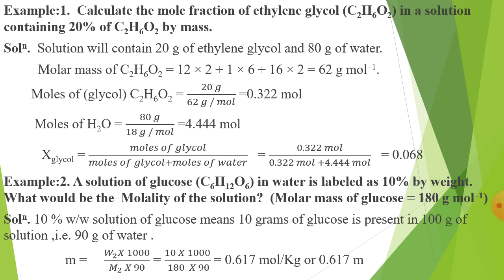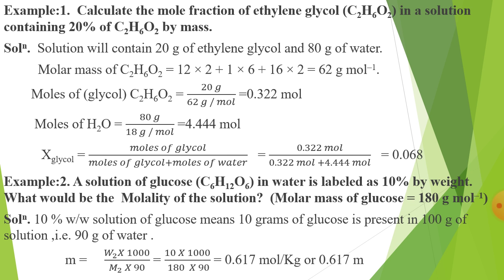Now we have to calculate the mole fraction of ethylene glycol. So mole fraction X of glycol equals moles of glycol divided by moles of glycol plus moles of water. The moles of glycol is 0.322 mole divided by 0.322 mole of glycol plus 4.444 mole of water.